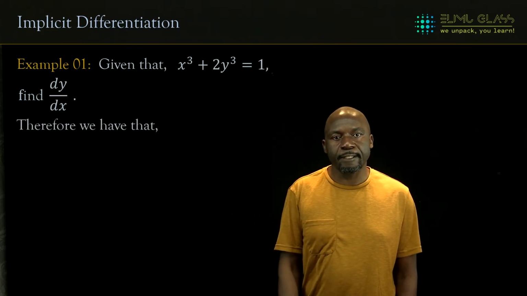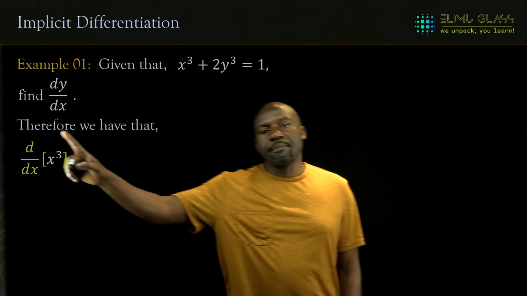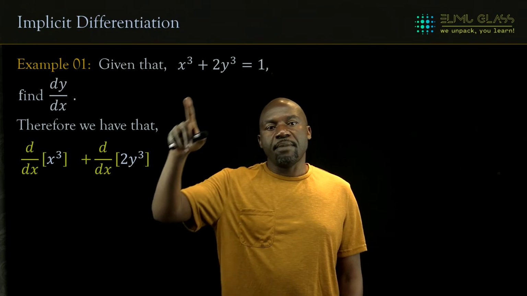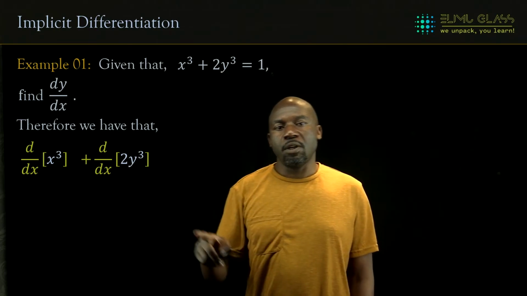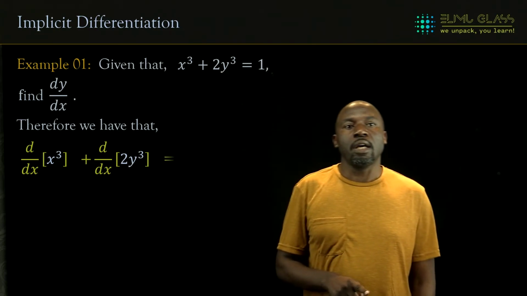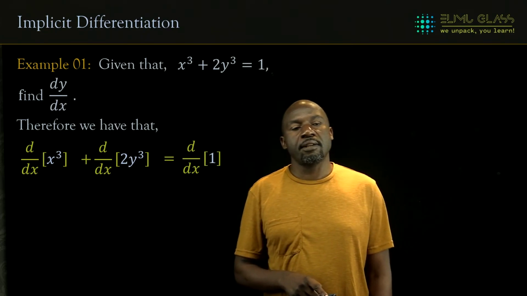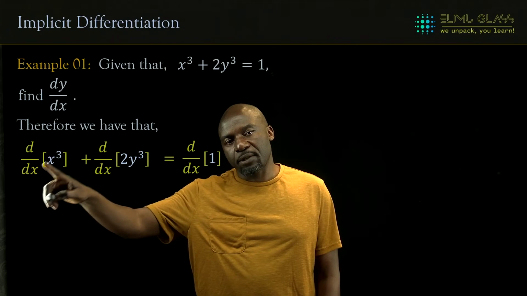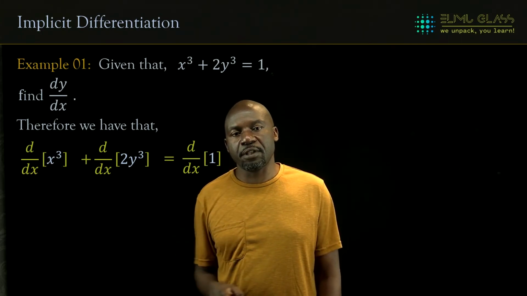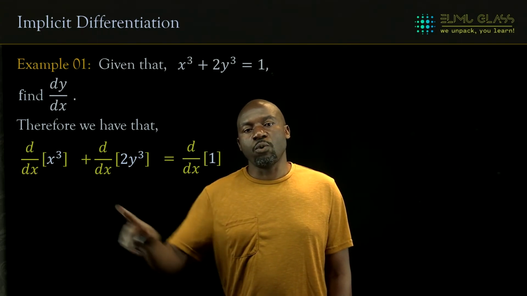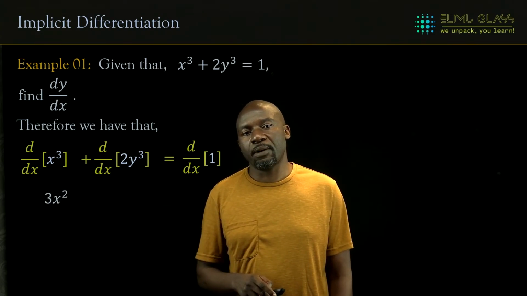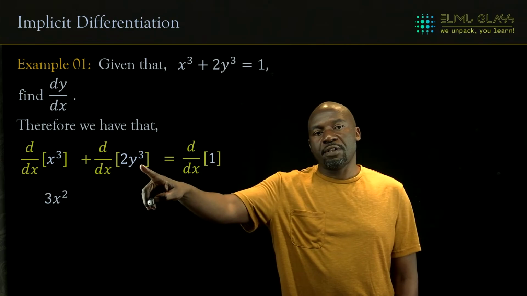So we will write d by dx of x cubed plus d by dx of 2y cubed equals d by dx of 1. Now the derivative with respect to x of x cubed is x and x, so it will not have a residue. We get 3x squared, plus the derivative of this function.